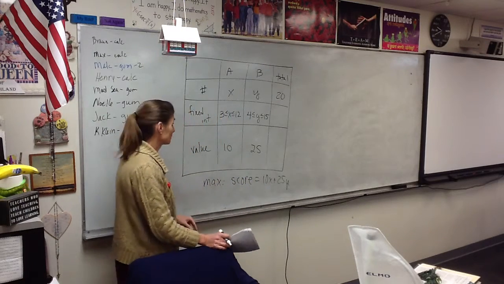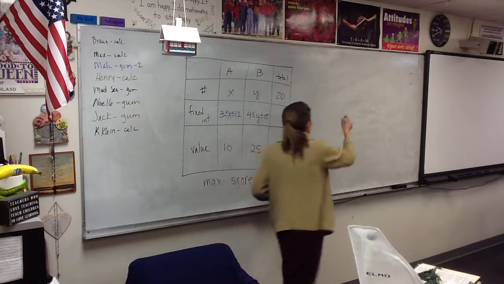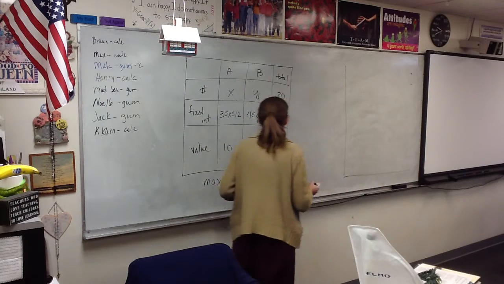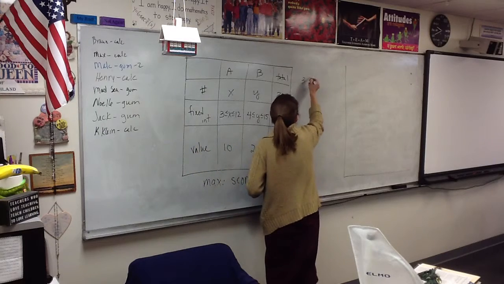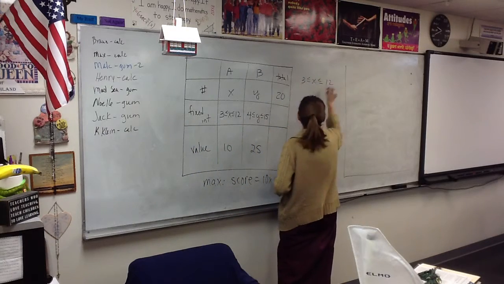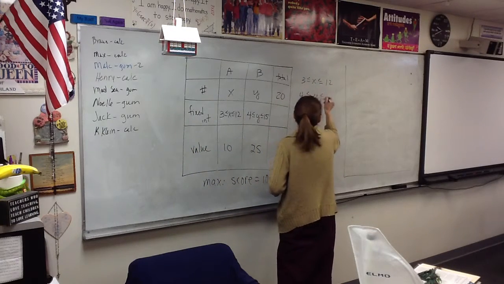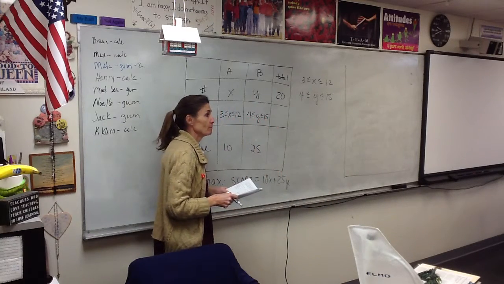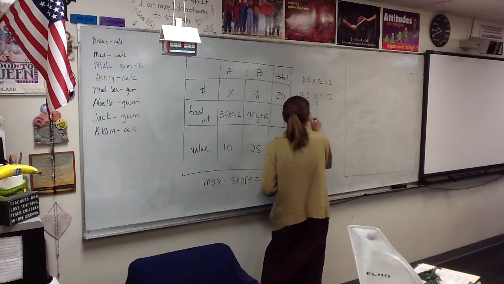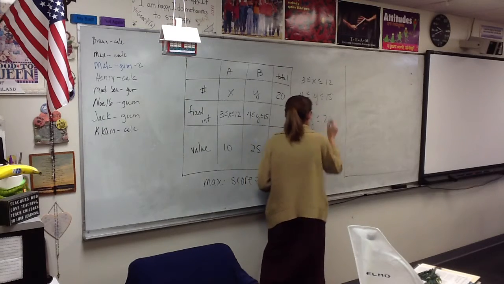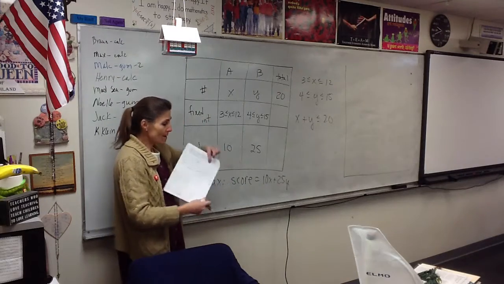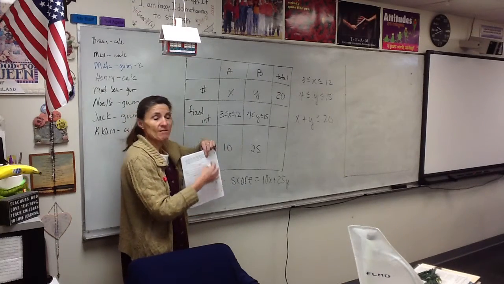Right? All right, what am I graphing? I'm going to start graphing here in a minute. What am I going to graph? I'm going to graph my 2 intervals for sure. And there's one more thing I'm going to graph. X plus Y is less than or equal to 20. Now, remember, you may not fill in all these blanks, and that's okay.